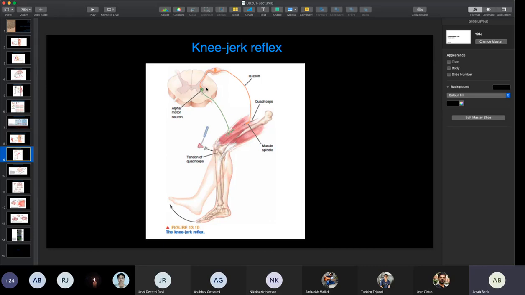This is known for hundreds of years, but even now we don't completely understand how this circuit works at the cellular and molecular level. So you can imagine how much we don't know about the internal nervous system.